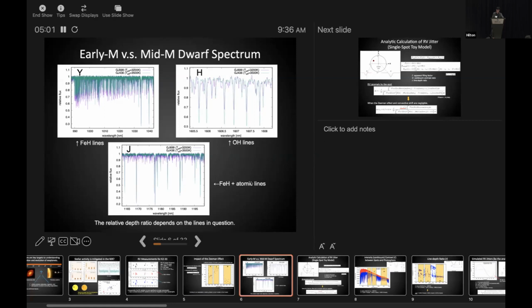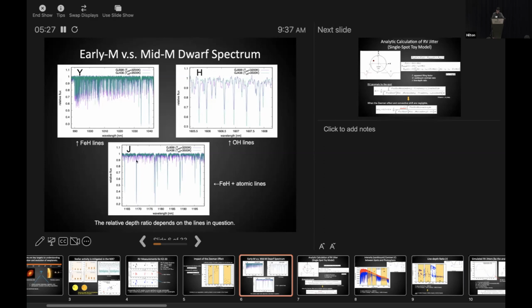The other is GJ 699, Barnard's star, whose effective temperature is similar to the spot temperature on the surface of K2-33. Here you can see a significant difference, especially in the line depth ratio.